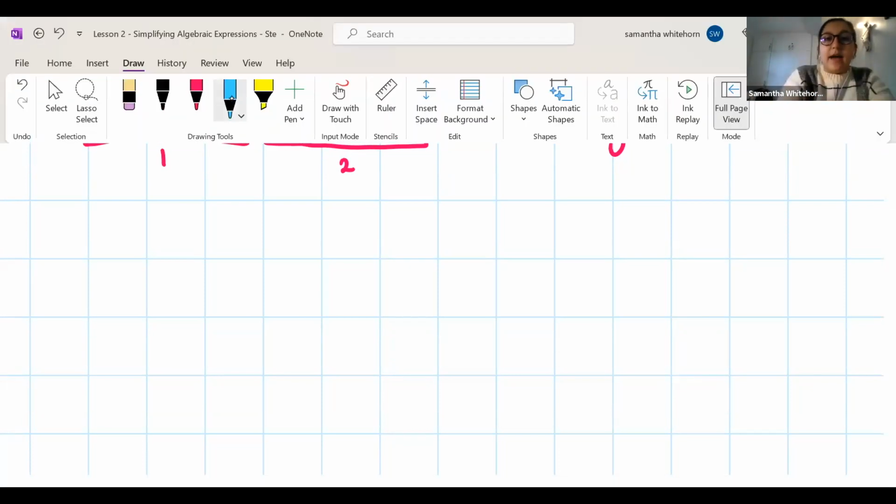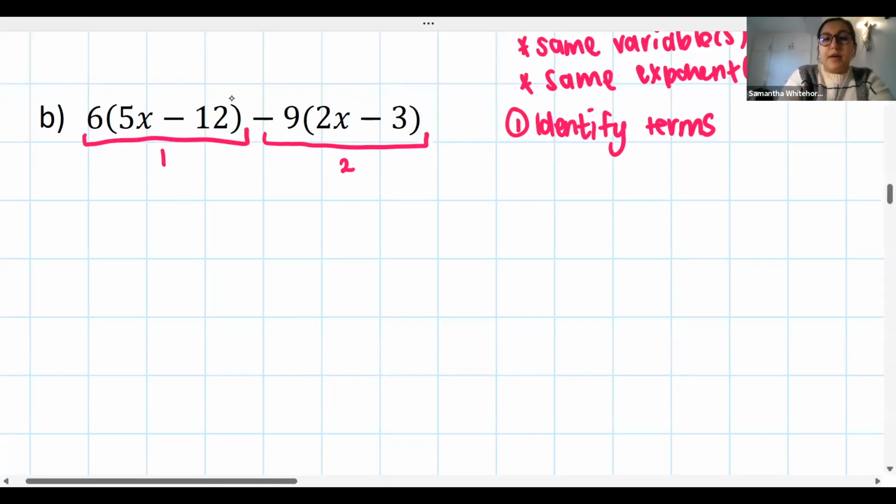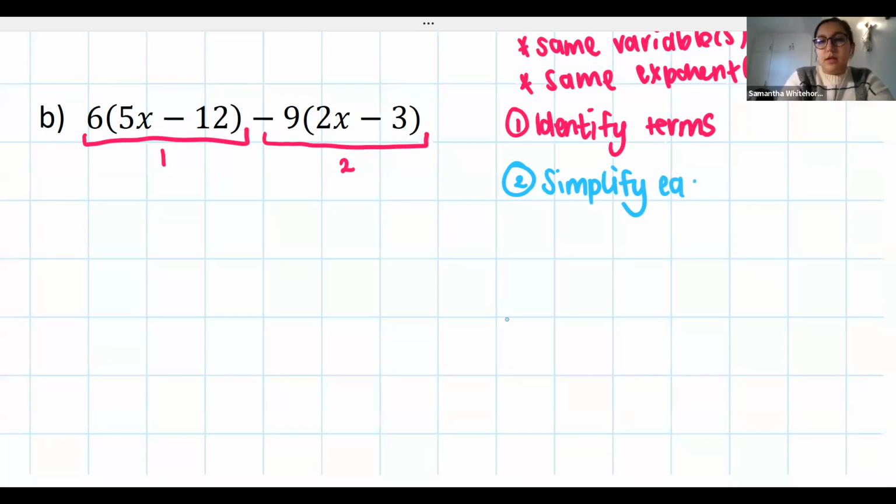Once I have done that, my second step, I'm going to maybe color coordinate, maybe that'll help, is to simplify each term. Now, guys, when I say simplify each term, what I mean is we are either going to have to deal with any distribution. So here I can see that I'm distributing.